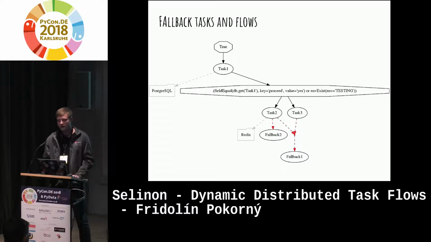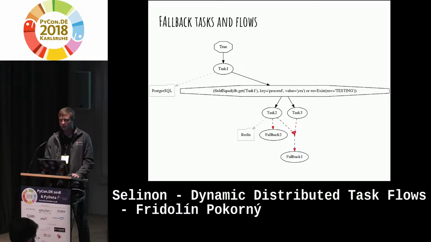So if we visualize it, we can see something like that. You can see these red arrows that state these fallback scenarios, or error scenarios, in case of task failures. It's important to state that these fallback tasks and fallback flows are tasks or flows like any others. So it's basically a task implementation.